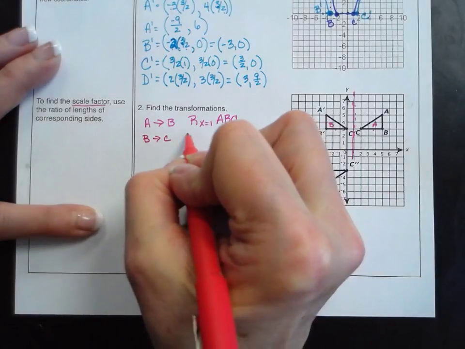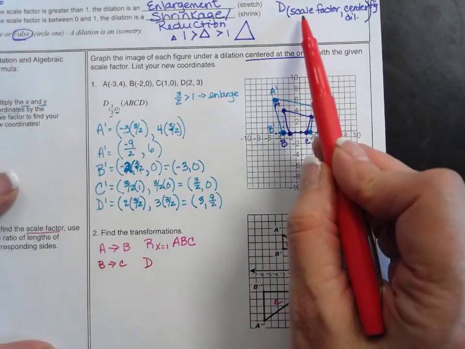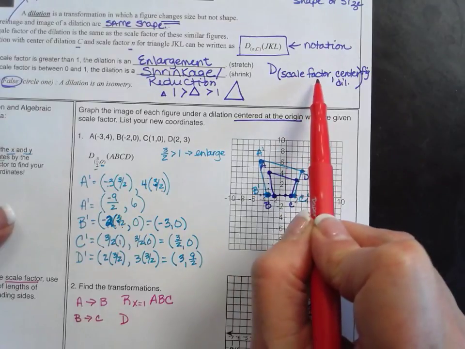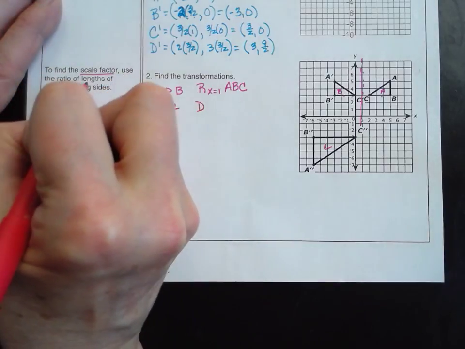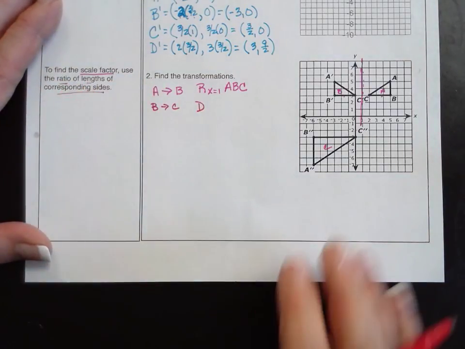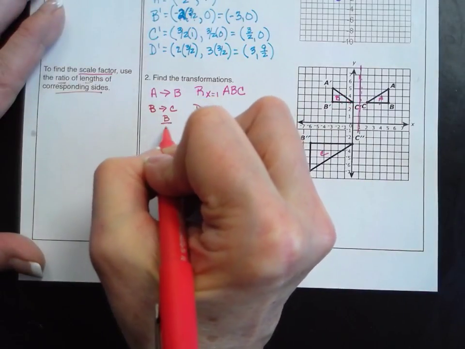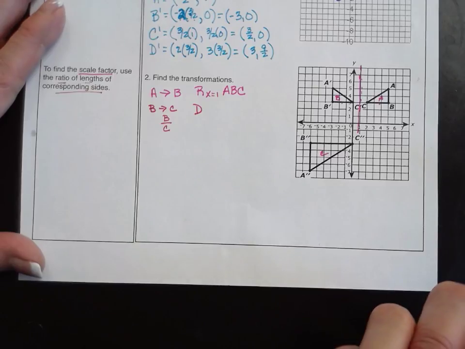So we need a capital D. The second thing in our notation is the scale factor, right? Okay, so how do you find the scale factor? Find the ratio of the corresponding sides. So my ratio, let's use B to C, just to see what it is.